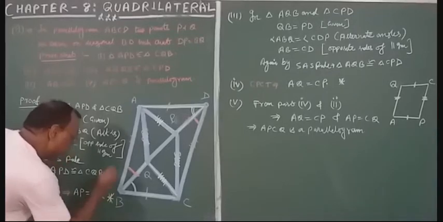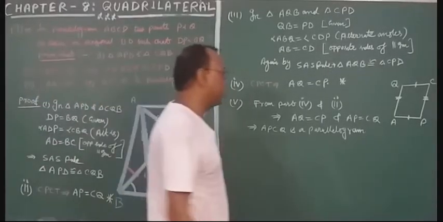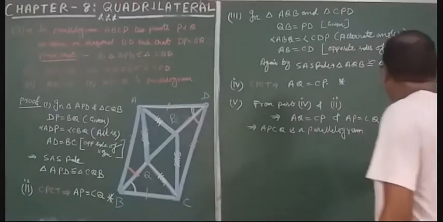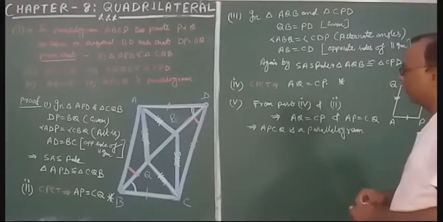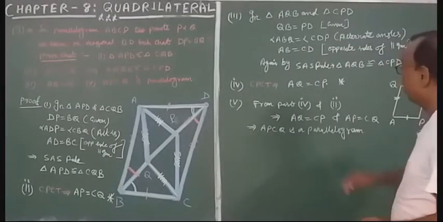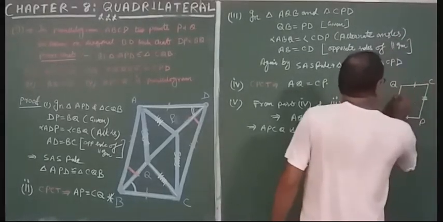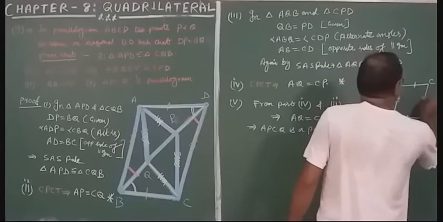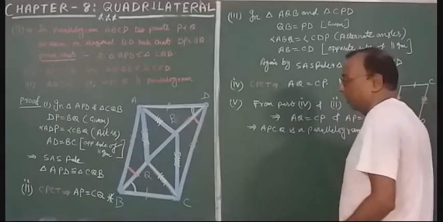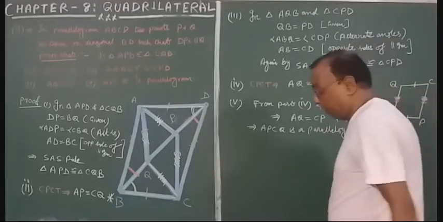Now just look here. Suppose this is a quadrilateral APCQ. What is given there? One thing is given there: AQ is equal to CP. And the next thing is AP is equal to CQ.